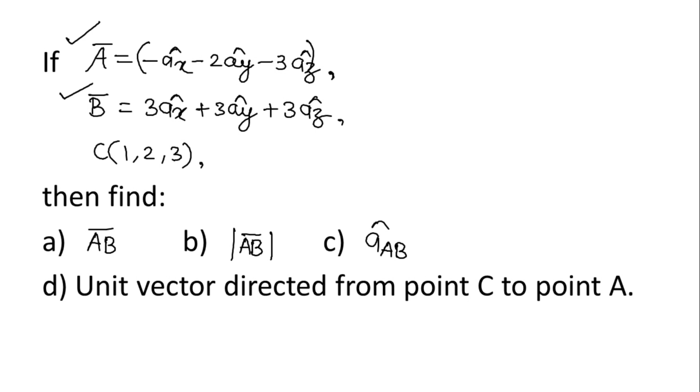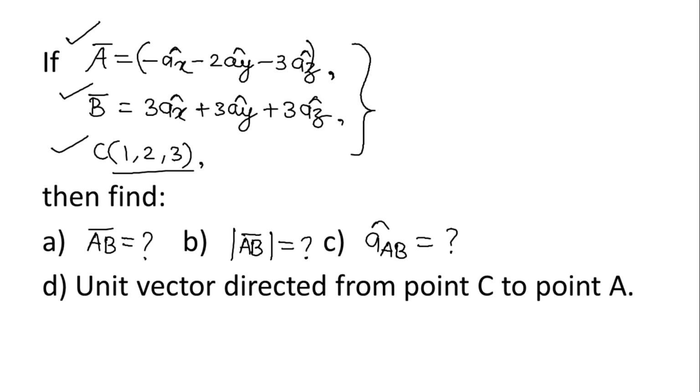Along with a bar and b bar, we have been provided the rectangular coordinates of point C, mentioned inside the parenthesis. Based on this given data, we have been asked to find out AB bar, mod of AB bar, and then small a cap in the subscript AB.